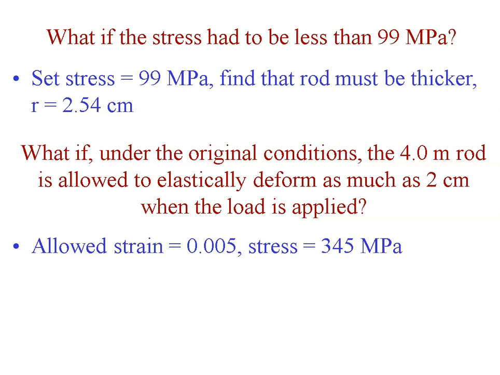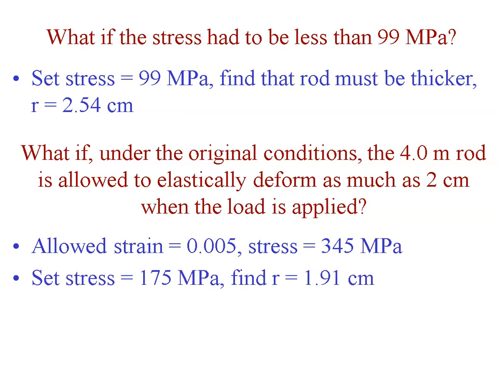However, we still don't want the stress to be more than 175 megapascals, so that's the value that we go with, and we find that the radius can be 1.91 centimeters. In other words, when the stress is 175 megapascals, the rod will stretch 2 centimeters if it's 4 meters long. So that's why we're allowed to use something a little bit thinner than 2.38 or 2.54 centimeters.